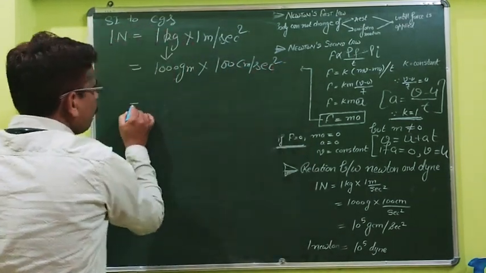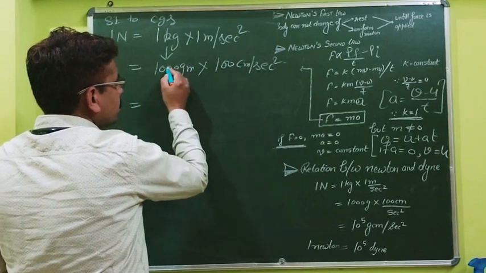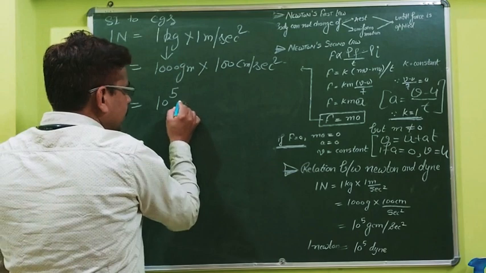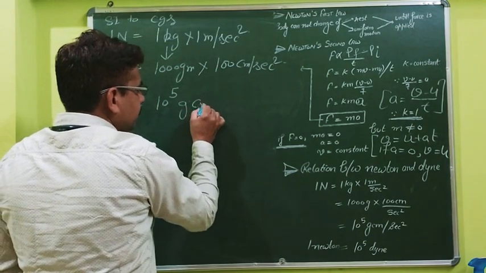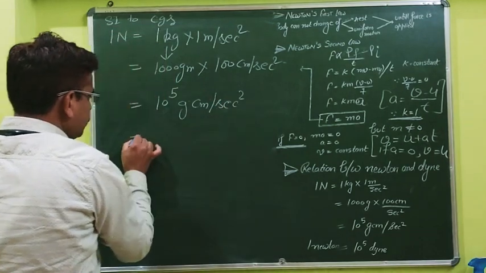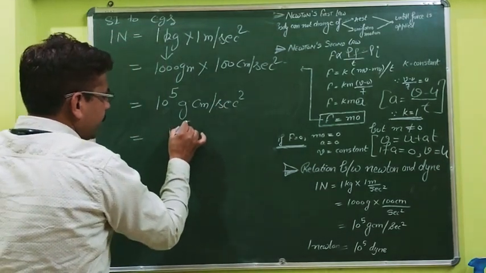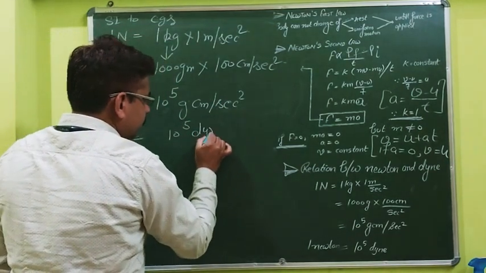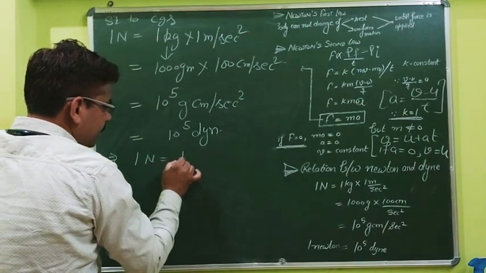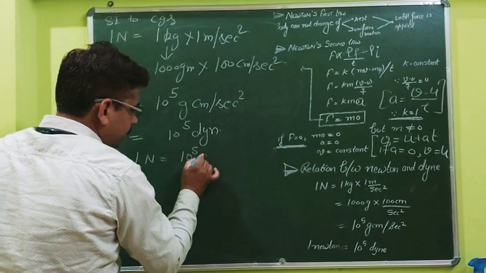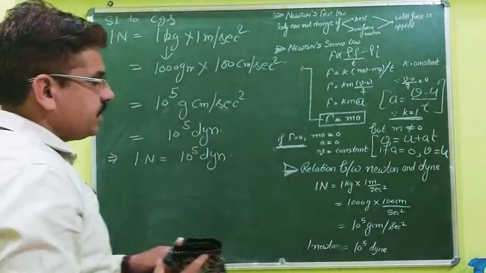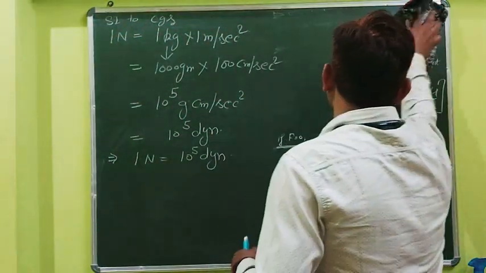So that is equal to, how many zeros, 1, 2, 3, 4, 5, so 10 raised to power 5 gram centimeter per second square, which is equal to 10 raised to power 5 dyne. Therefore 1 Newton is equal to 10 raised to power 5 dyne. So this is the relation between Newton and dyne.